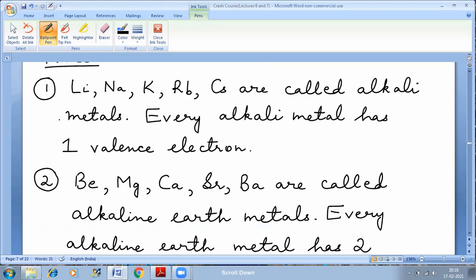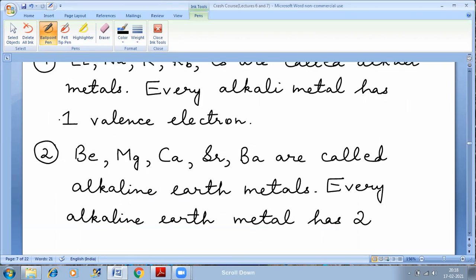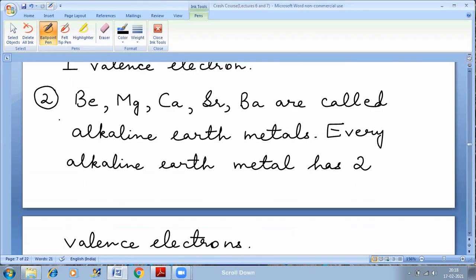Similarly, beryllium, magnesium, calcium, strontium, barium are called alkaline earth metals. Every alkaline earth metal has two valence electrons. In spite of hydrogen being in the first group, it is not referred to as an alkali metal. Hydrogen is a non-metal, so we cannot call it an alkali metal.